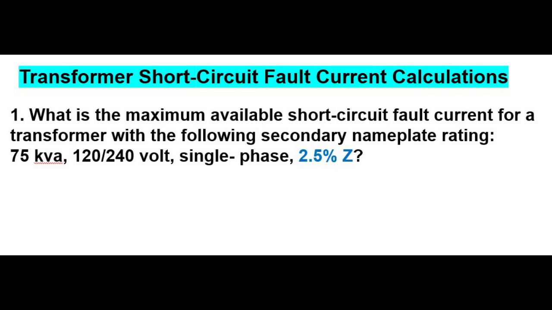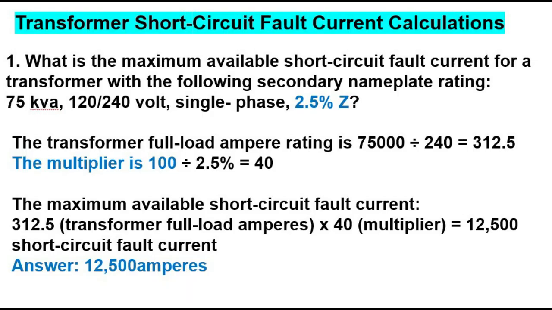Example number 1. What is the maximum available short circuit fault current for a transformer with the following secondary nameplate rating: 75 kVA, 120/240 volts, single phase, 2.5% impedance? Answer. The transformer full load ampere rating is 75,000 divided by 240, which is equal to 312.5.